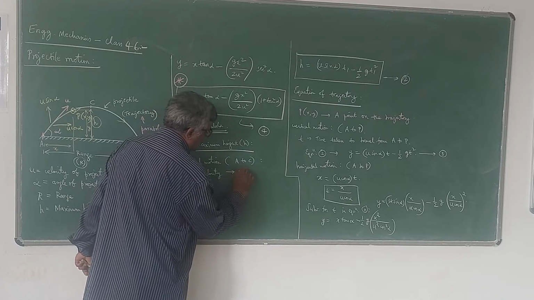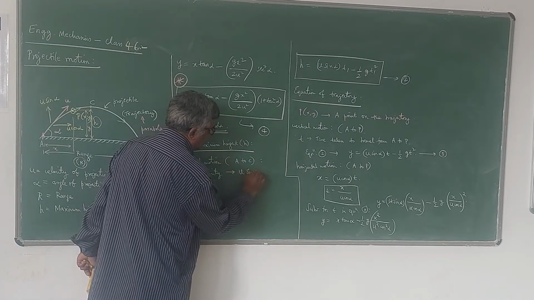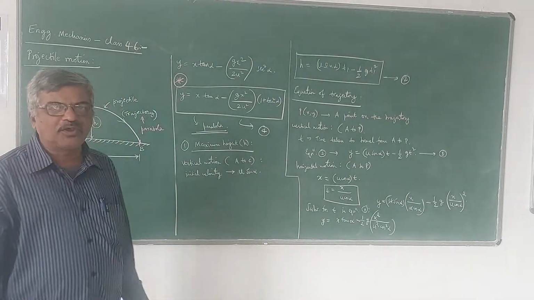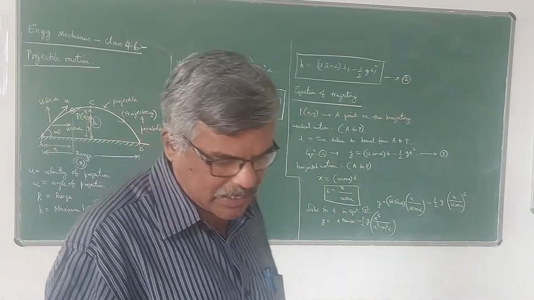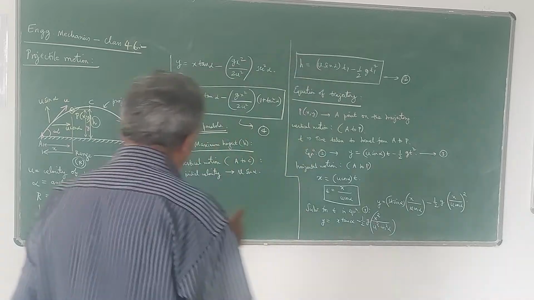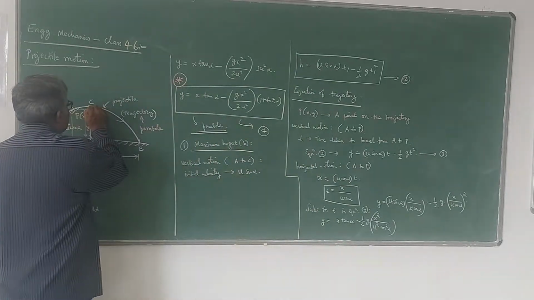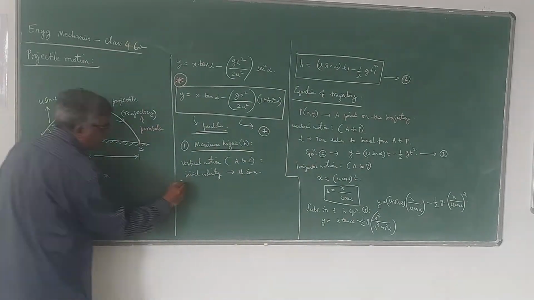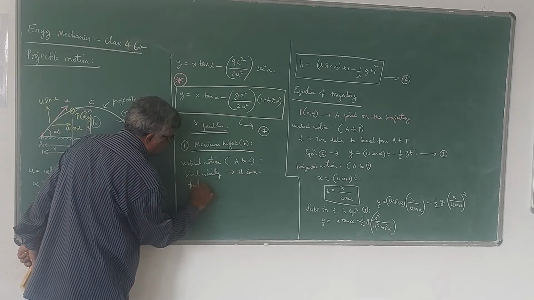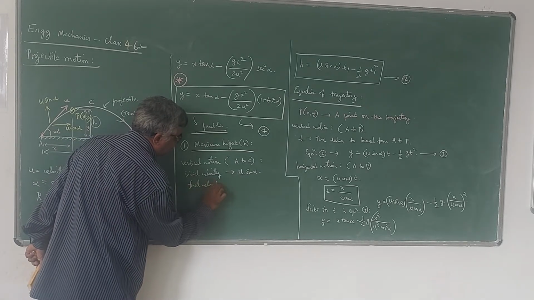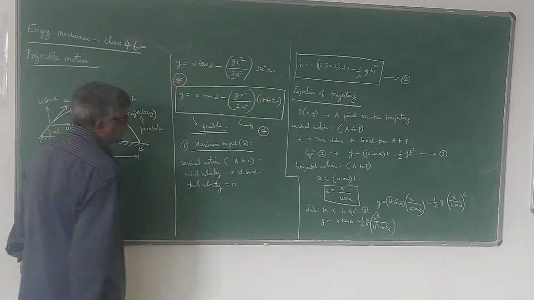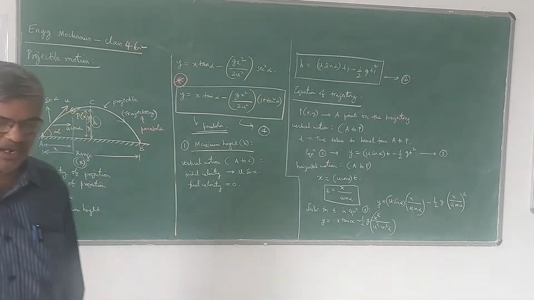Since I am considering vertical velocity, I have to take u sin alpha. So u sin alpha is the initial velocity. Final velocity will be 0 because when it reaches the point C, its velocity becomes 0.